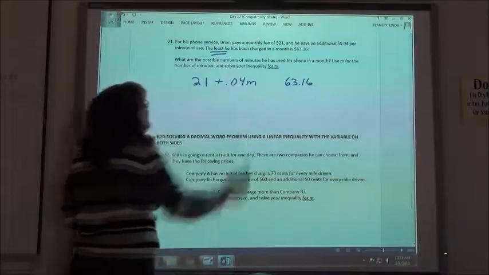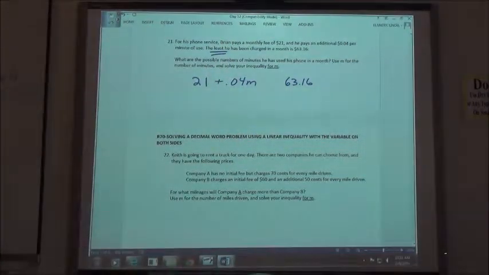So here's back to those ones where you just had to write what inequality sign went in there. The least he's been charged. So if $63.16 is the least he's been charged, what inequality sign should I put in between those two things?